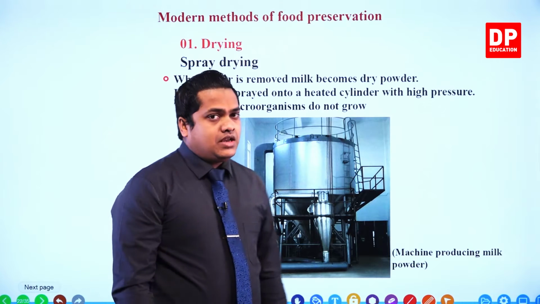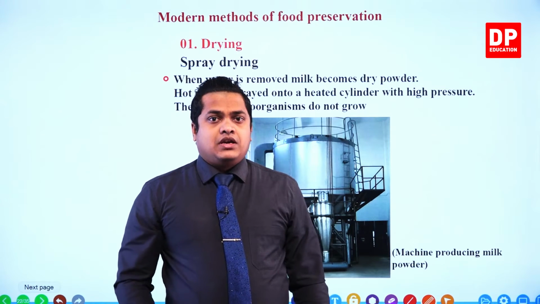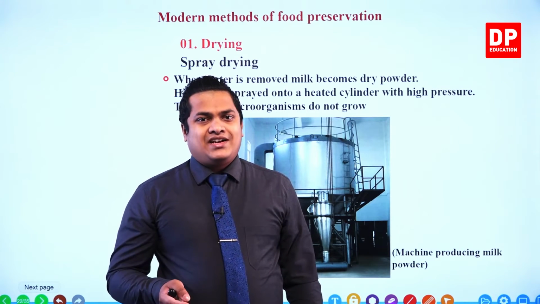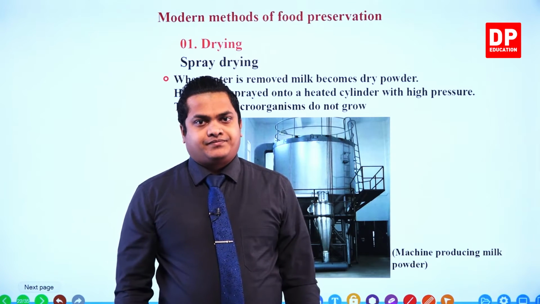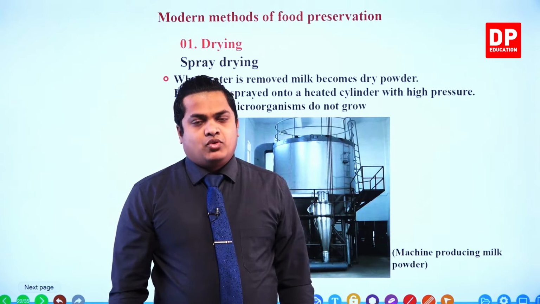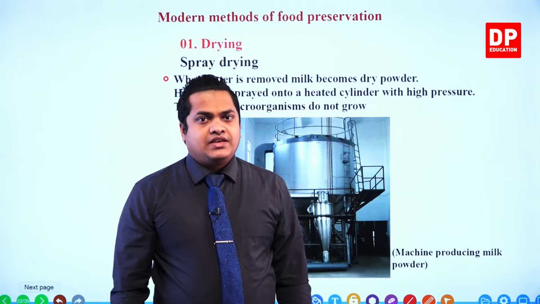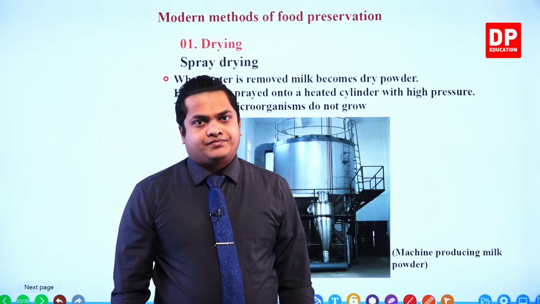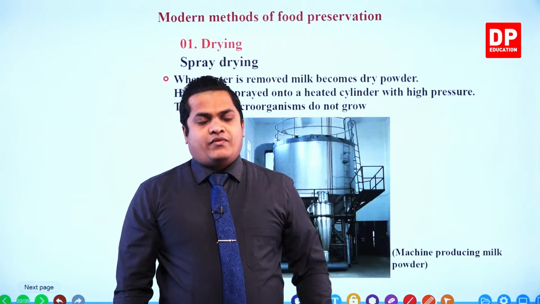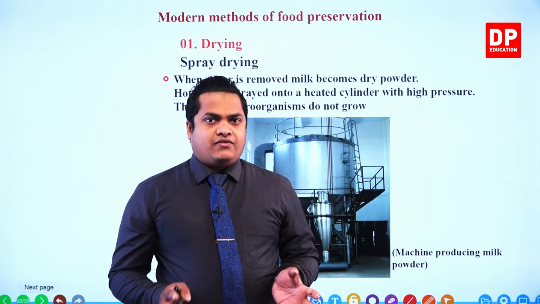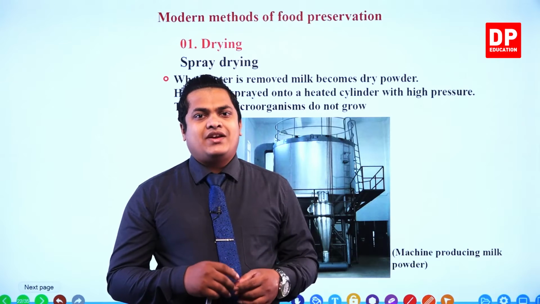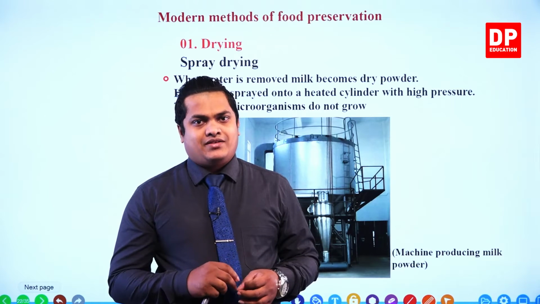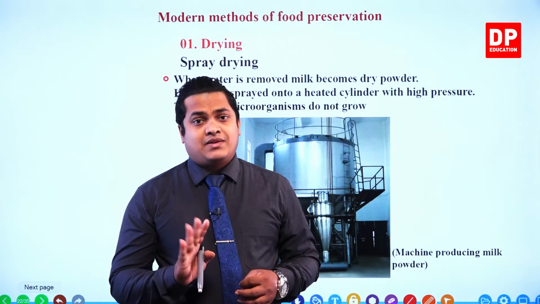Now, if you take cow milk, more than 90% of cow milk is made up of water, right? So when evaporating water from cow milk, only the milk particles can be separated.